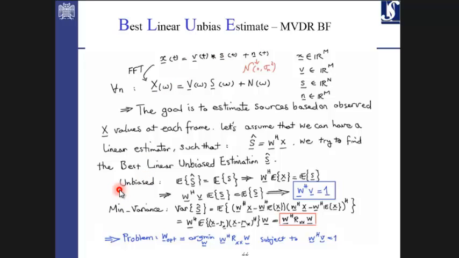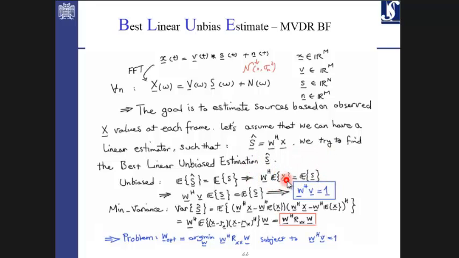Let's investigate the first property, which is unbiasedness. Unbiasedness means that the expectation of the estimate should be the expectation of the true value. Now replace the estimate with the one we have in the filter. So this should hold.